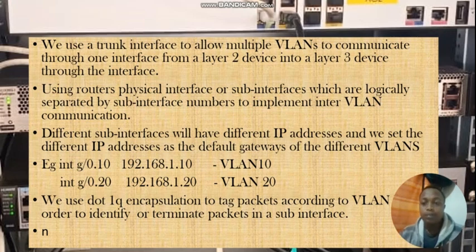And what I'm saying here is that for you to be in a position to identify the different frames from different VLANs, we use an encapsulation, and this is a method for adding a header to a packet, and we are going to add a .1q encapsulation to the packet in order to give the different tags. If you need to tag it as VLAN 10, then that is the encapsulation that you're going to use in order to give the different VLAN names.